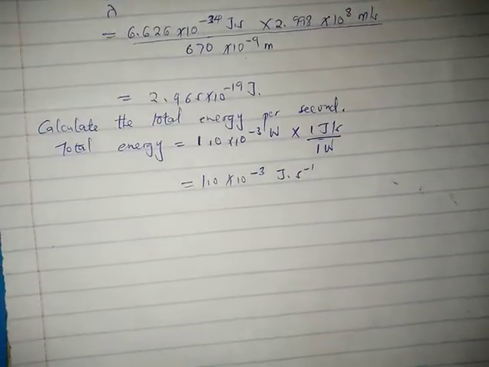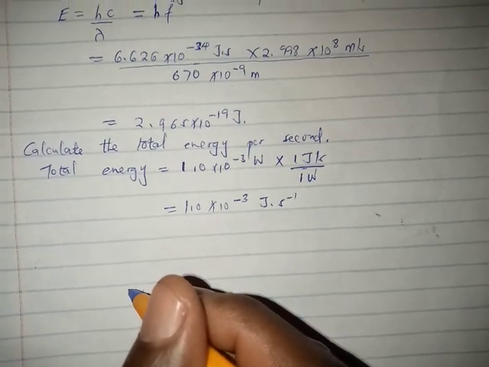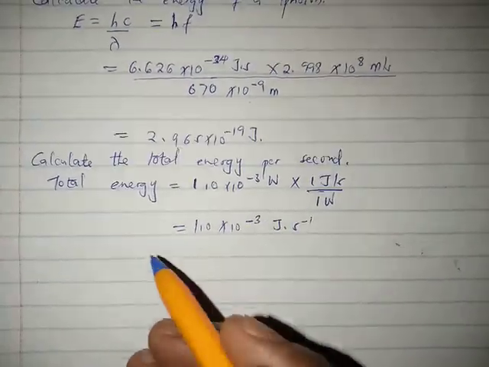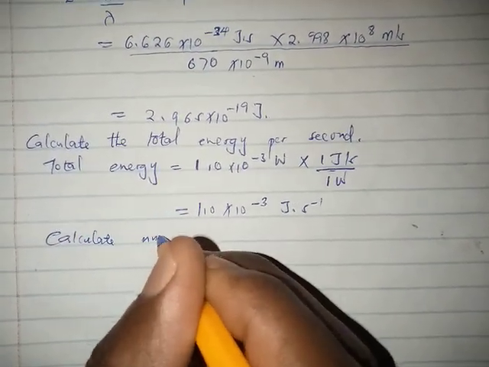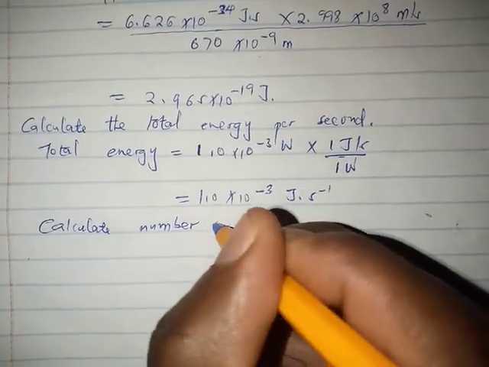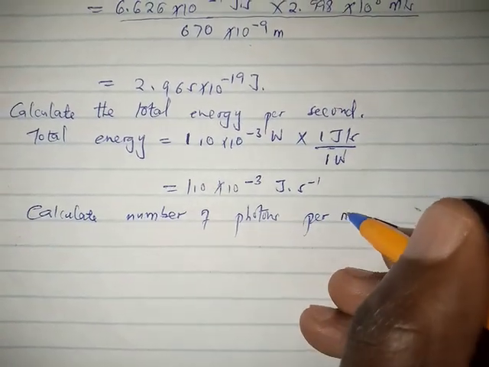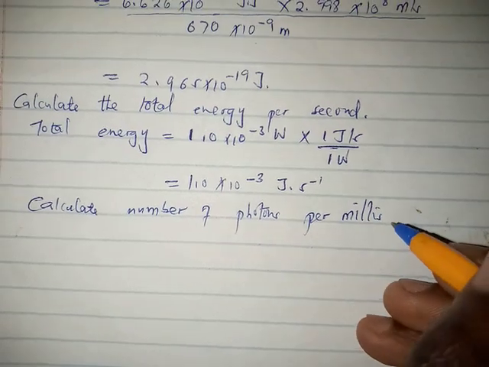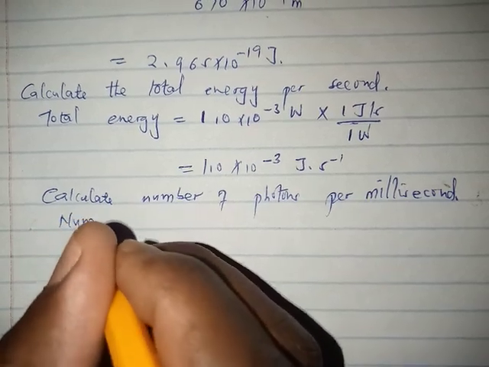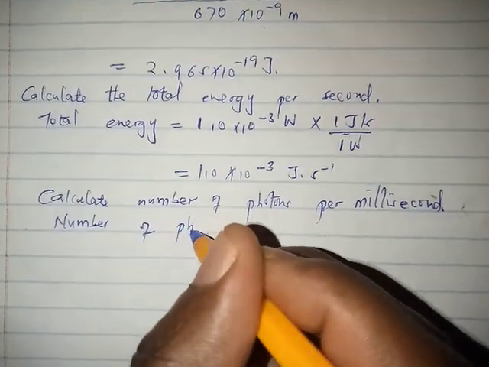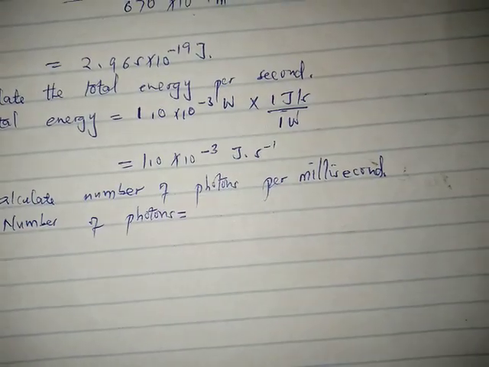Okay, so after that, we calculate the number of photons per millisecond. The number of photons is given by the total energy divided by the energy of one photon.